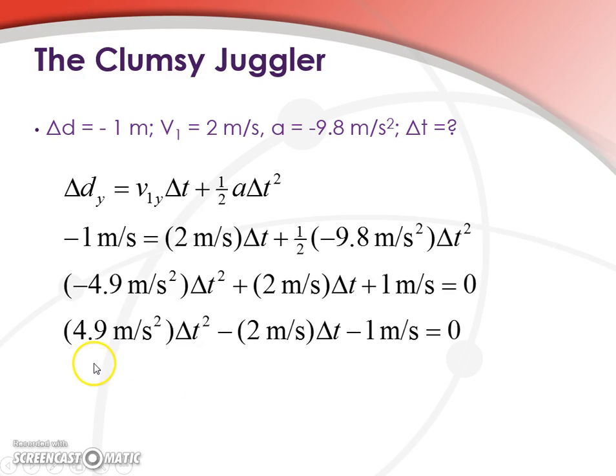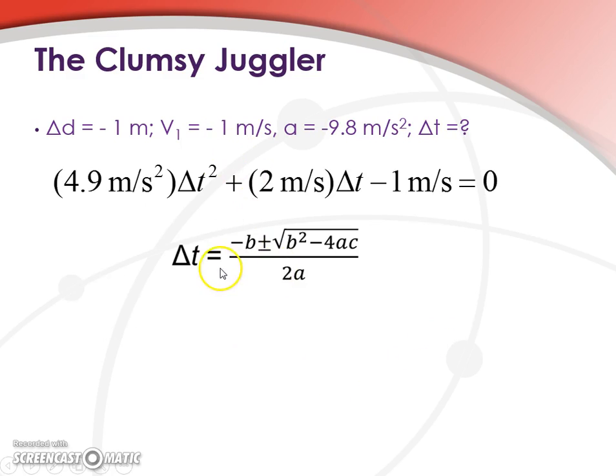And maybe for tidiness, multiply through by -1 to get 4.9 meters per second squared times delta t squared minus 2 meters per second delta t minus 1 meter equals 0. And this, perhaps unfortunately, we need to use the quadratic formula to solve.